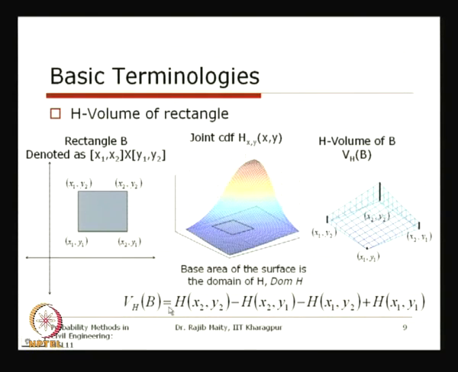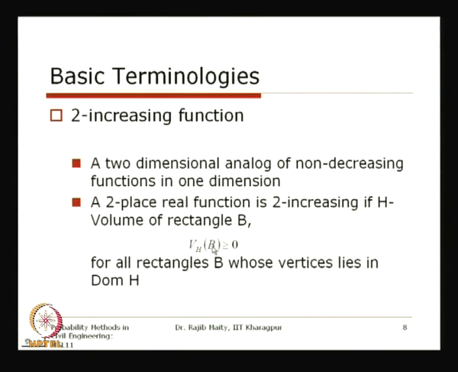This volume is represented as VHB, and that is why the requirement here is that VHB should be greater than or equal to 0. So this is actually the meaning of this 2-increasing function.